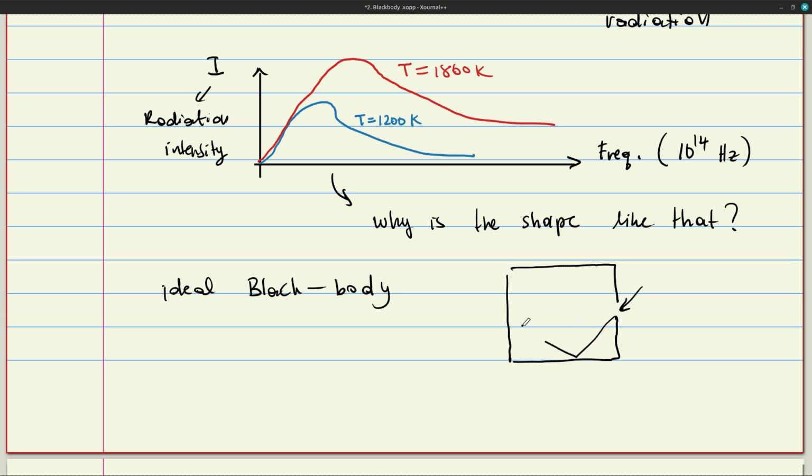So once light enters, it just does all these crazy things, and it equilibrates at a temperature which is characteristic of the cavity. And we can think about this.